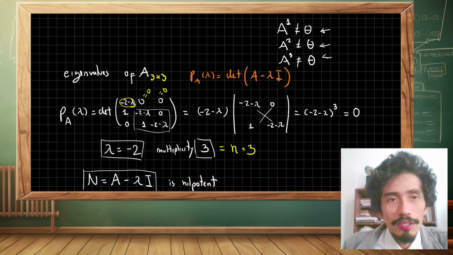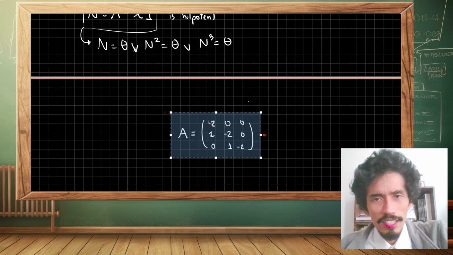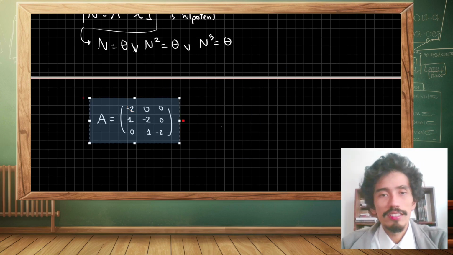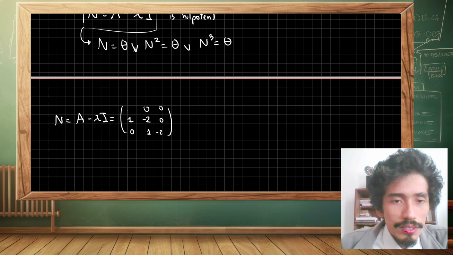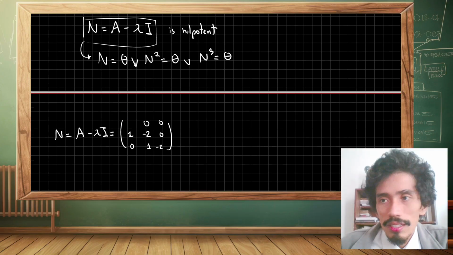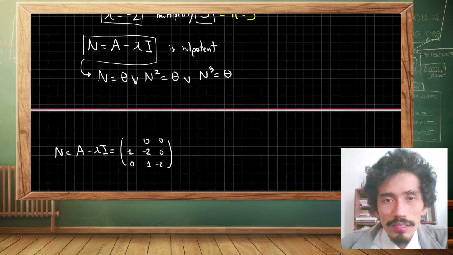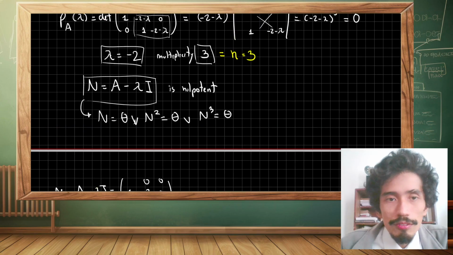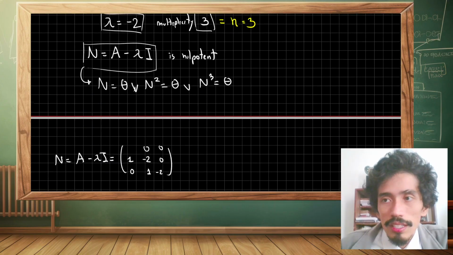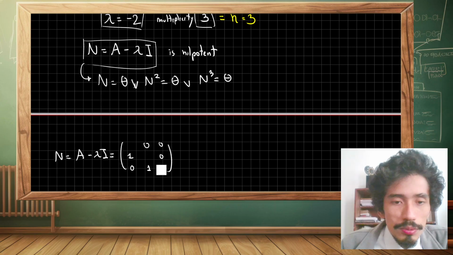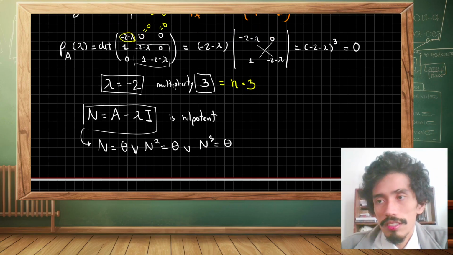Let me copy the matrix again. I think I have it. It's here. So the matrix N is equal to A minus lambda I. So you know that if you replace the value of lambda, which is minus 2, here you will have 0, 0, 0 here, right?